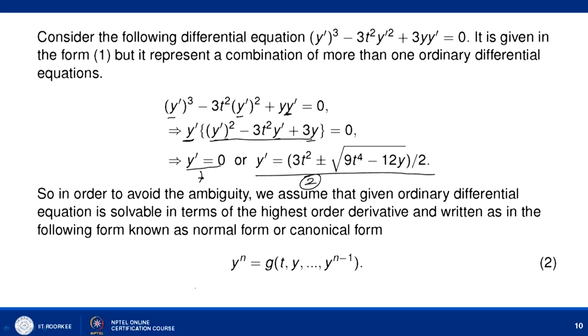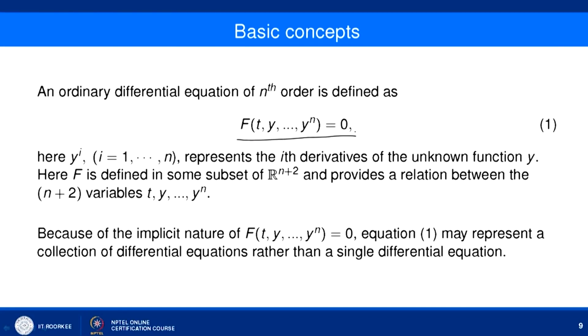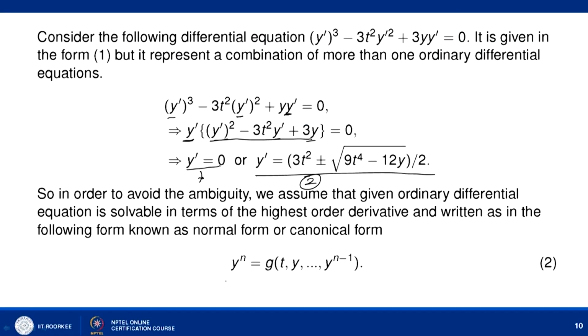In order to avoid this ambiguity, we assume that the given ordinary differential equation is solvable in terms of the highest order derivative. So rather than considering the implicit nature, like here, where we do not know whether we are considering only one differential equation or a collection of differential equations, to avoid this possibility we assume that y^(n) is solvable. We can solve this equation in terms of y^(n), and we can write our equation in this form: y^(n) = g(t, y, ..., y^(n-1)).